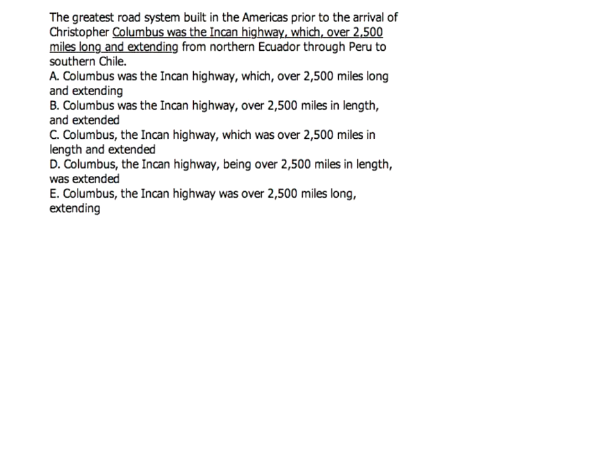So choice A, I mean, this is just the greatest road system, and then built in the Americas prior to the arrival of Christopher Columbus is a modifier. So in terms of discerning the overall structure of this thing, the part in parentheses, we can disregard. So let's simplify.